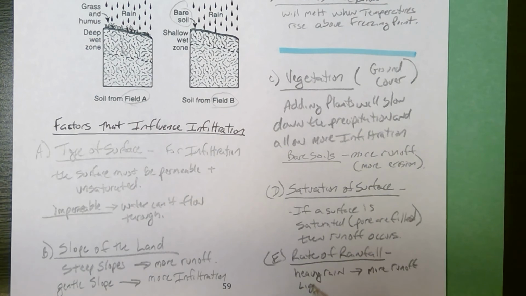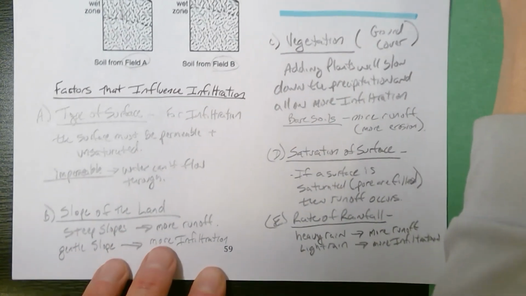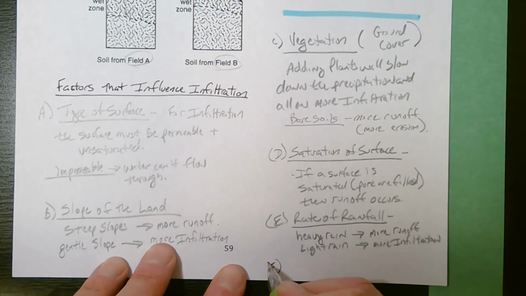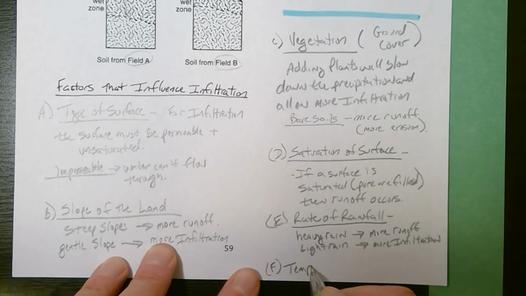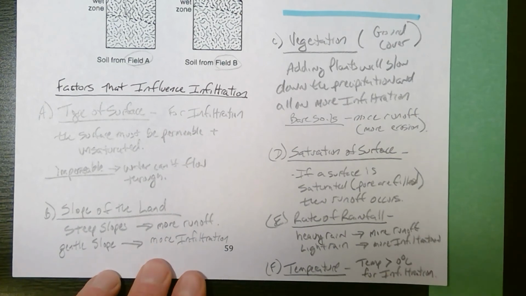If it's a light, gentle rain, then you tend to get more infiltration. Now, one last thing we could say is the temperature can play a role, because the temp has to be greater than 0 degrees Celsius for infiltration. If it's not liquid water, it's not going to infiltrate.